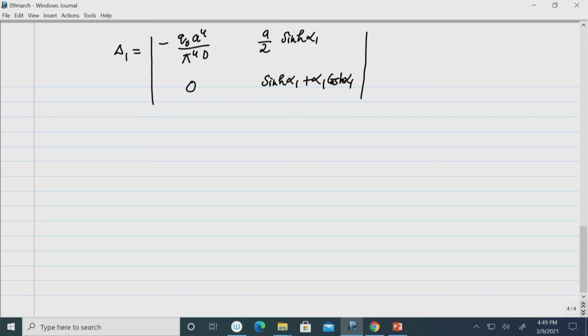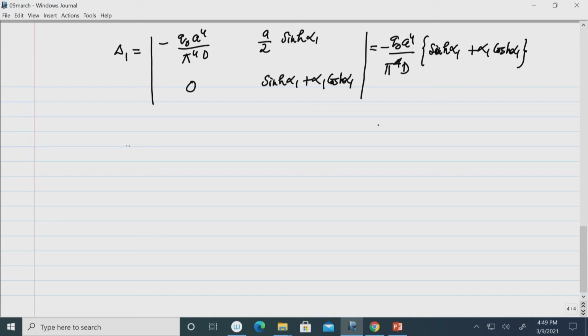You can easily evaluate this. The determinant will be q naught a to the power 4 by pi to the power 4 d, multiplied by sinh alpha 1 plus alpha 1 cosh alpha 1. So, this is delta 1, and delta 2 can be similarly found out.